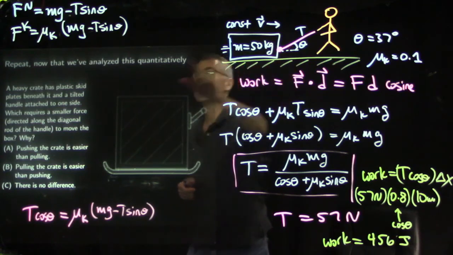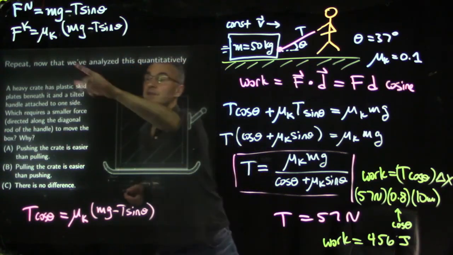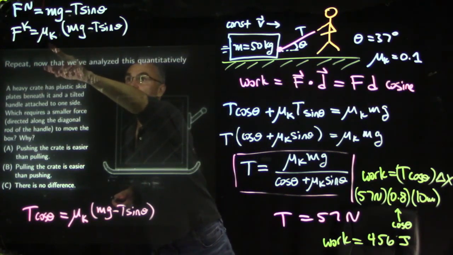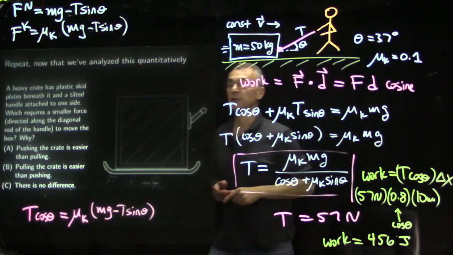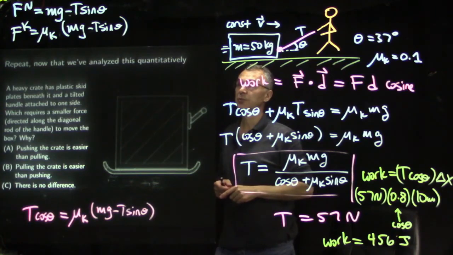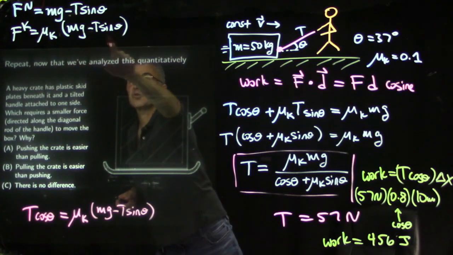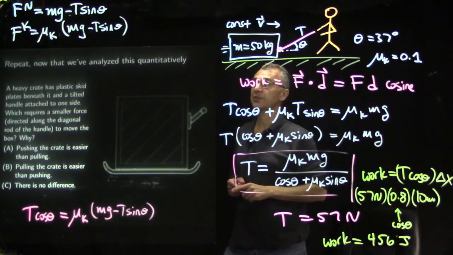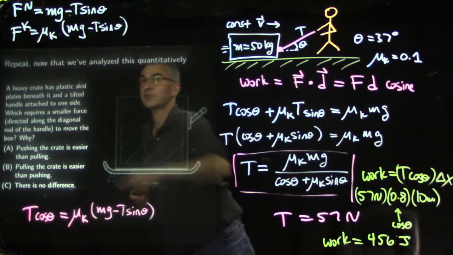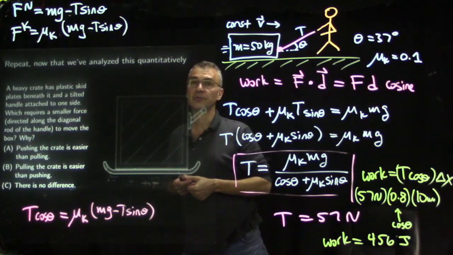Because we were pulling, the friction was actually smaller than mu times mg. So the friction force, instead of being mu times mg, was mu times mg minus the vertical part of the tension. That's because we were pulling. If we'd been pushing instead of pulling, then the normal force would have been bigger than mg instead of being smaller than mg. And that would in turn make the friction force bigger, which would in turn make the force that we have to apply to move the box bigger.